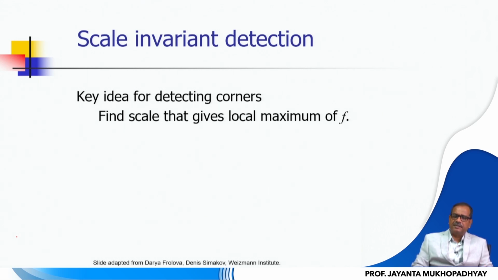I will explain this part later on with some examples. But the question is, when you have such key points, can you consider a multi-scale descriptor for that same key point? That means at every scale you can get some description.